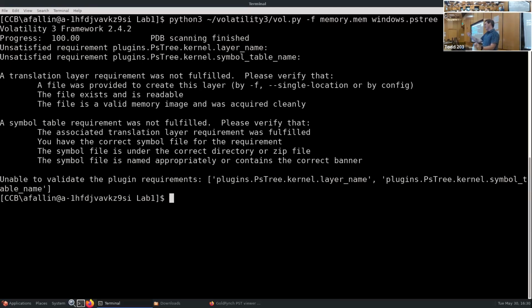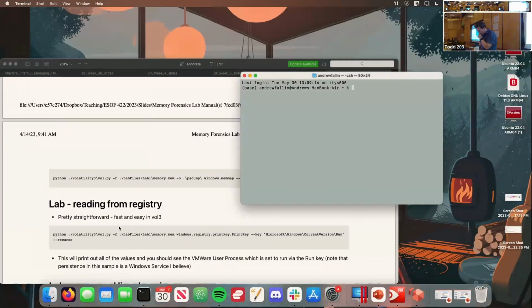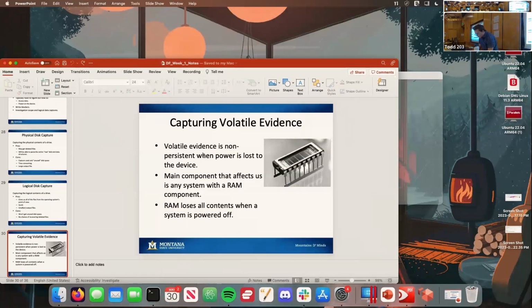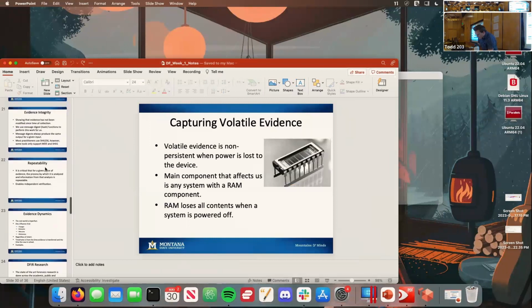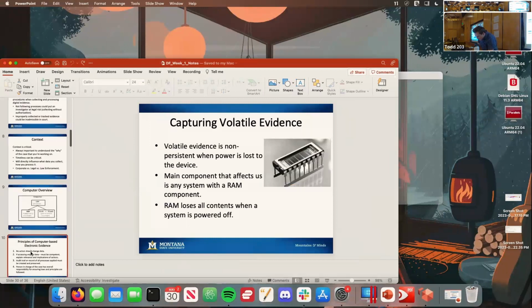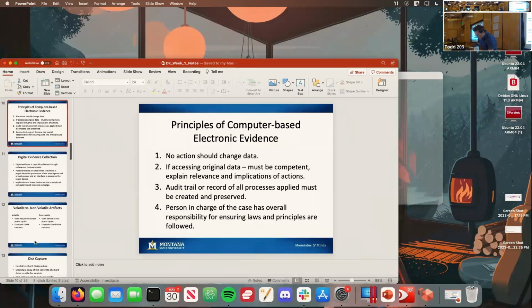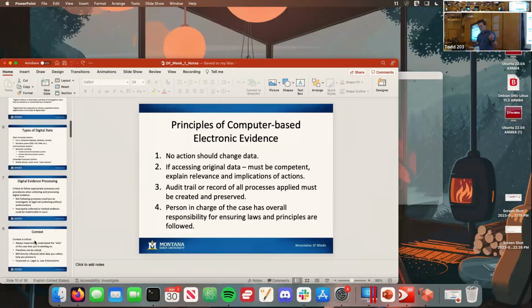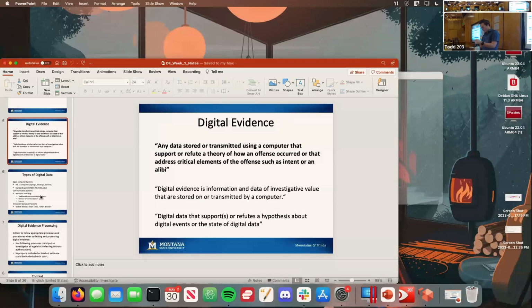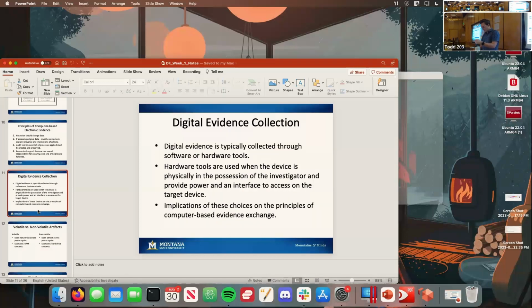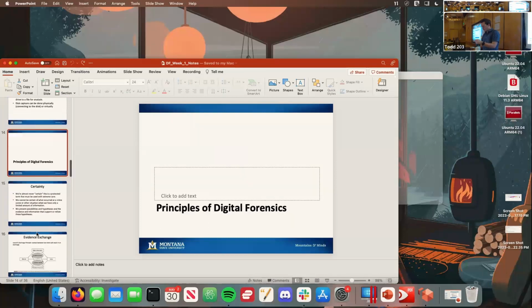Anybody else? Do you know of any good resources for getting into different areas of digital forensics? DFIR, that means Digital Forensics and Incident Response. I think there are some resources out there.